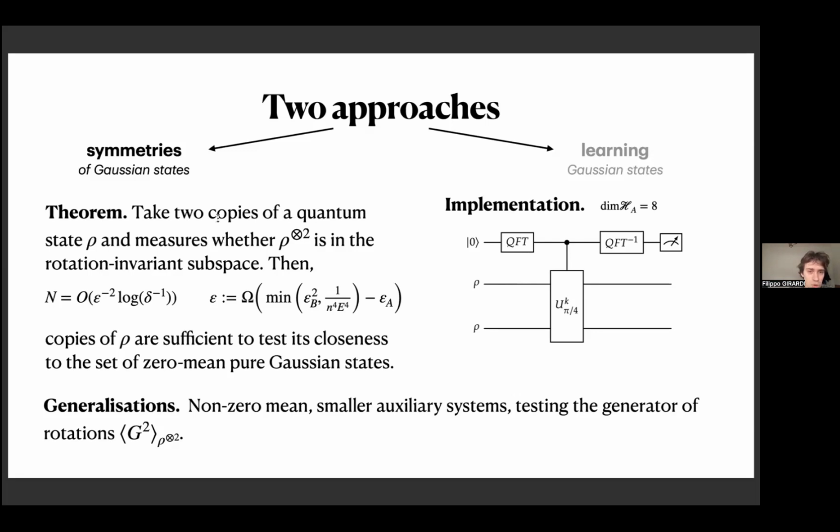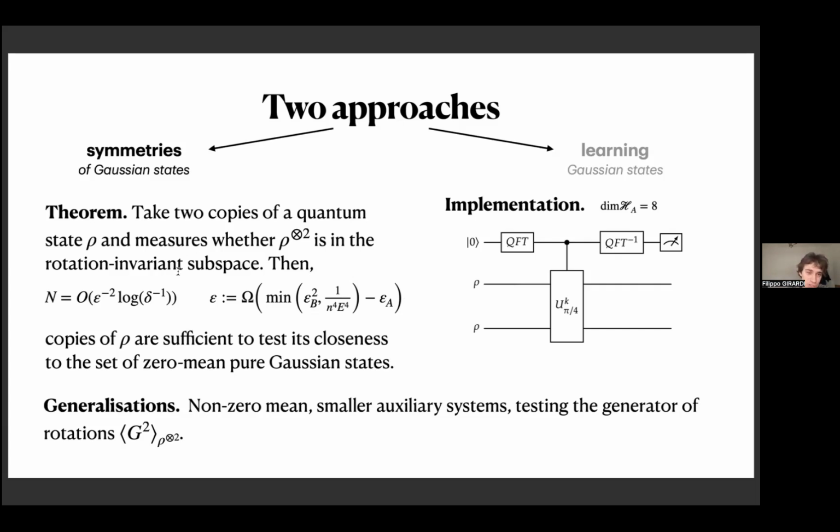If we take two copies of the state that we want to test, and we perform a projective measurement in the rotation invariant subspace, invariant under all the angles theta, then a polynomial number of repetitions of this test with respect to the system size is sufficient to solve this property testing problem. So you just need to test several times whether these two copies of the state belong to this rotation invariant subspace, and then you can say with high probability whether the state is at least epsilon-far from Gaussian.